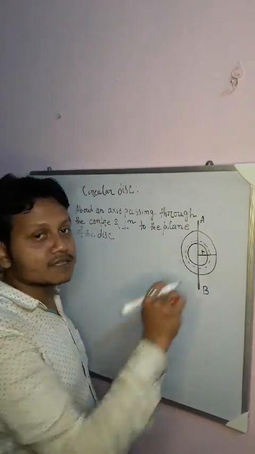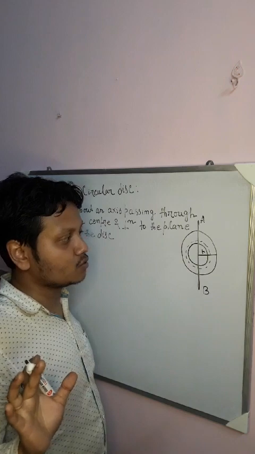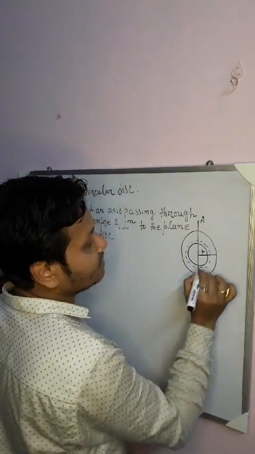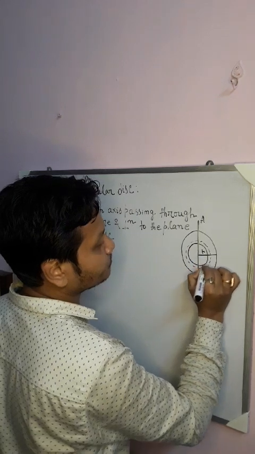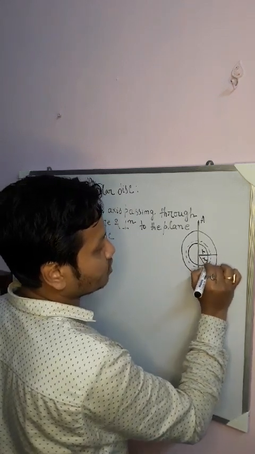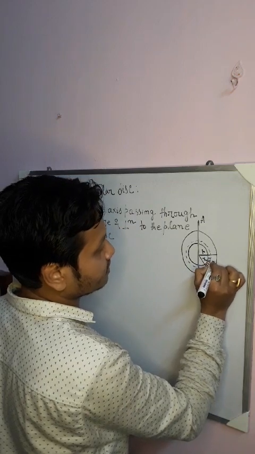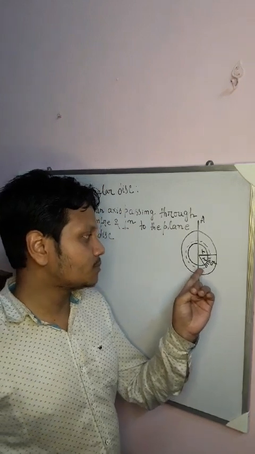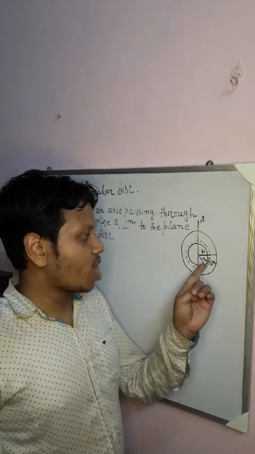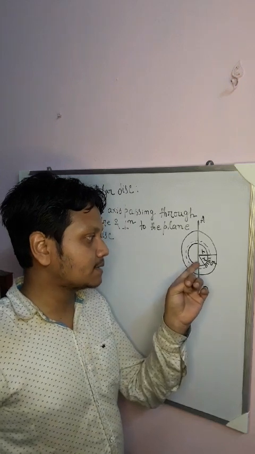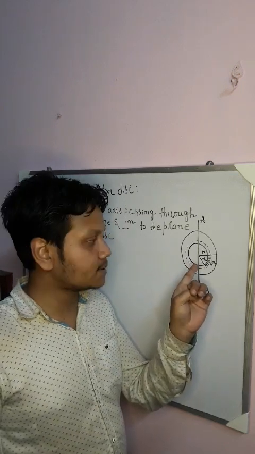So this disc is made up of a large number of rings. That's why we take an elementary ring at a distance x whose width is dx. That means this is dx. If you look back at this picture, here we consider an elementary ring at a distance x whose width is dx.